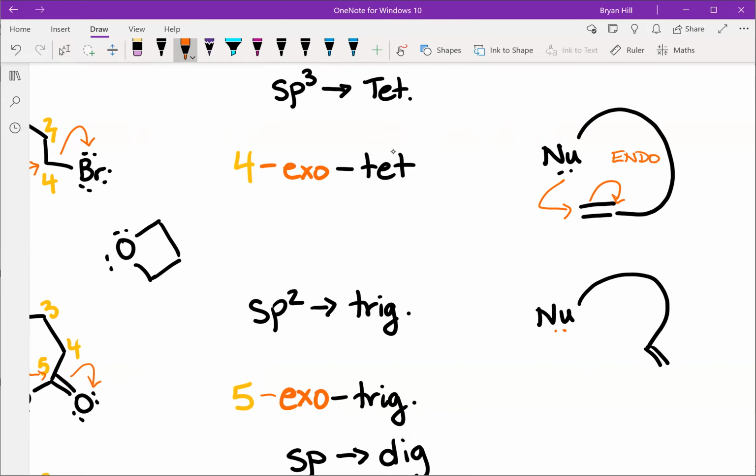And if the nucleophile attacks and the electrons are moving outside the ring, this would be an exo.